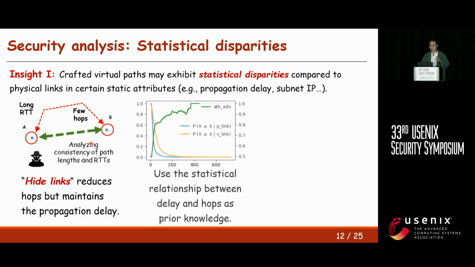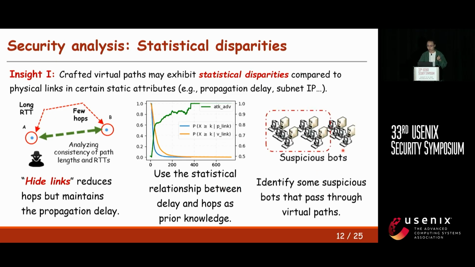If an attacker controls a large botnet, which is very common from the DDoS perspective, they can use statistical analysis to understand the typical relationship between hops and delays across the internet. If an attacker notices that many paths have unusually long round-trip times but very few hops, which actually conflicts with the prior knowledge gained by this statistical analysis, they may flag these paths as suspicious because they might be virtual.